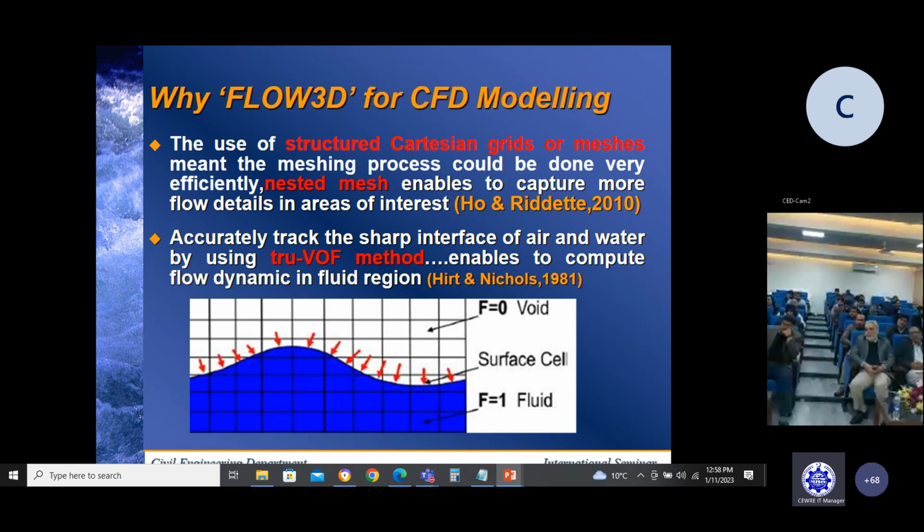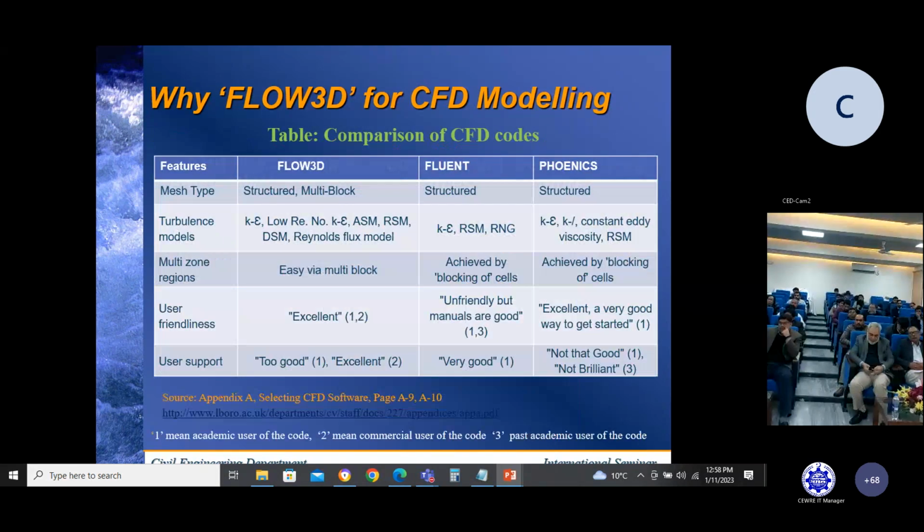Through nested mesh, we can find out more details in some area of interest. In order to accurately track the interface between the fluid and the air, it also uses the true volume of fluid method. Here is the table which gives the comparison between the available CFD codes in the market.